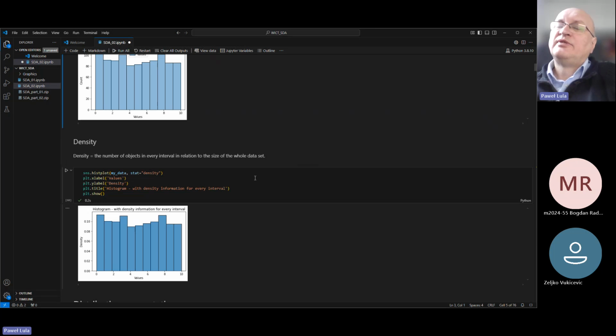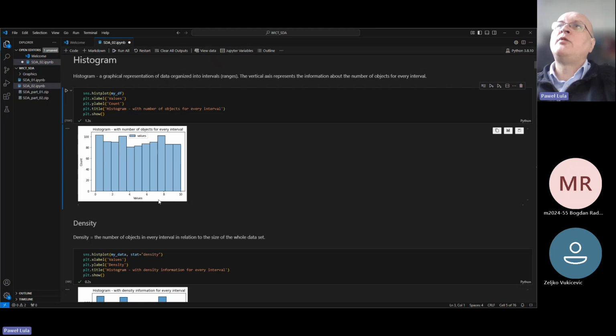Here I put, I think, the simplest definition of density. It is the number of objects in every interval divided by the whole number of objects.